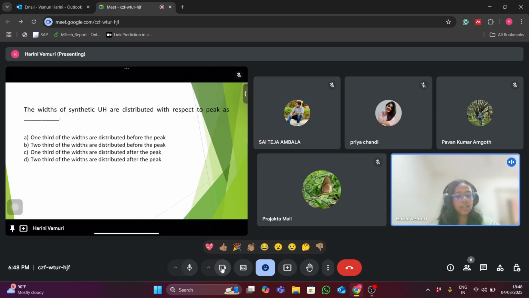The width of a synthetic unit hydrograph is distributed with respect to peak as: first option, one third of the widths are distributed before the peak. Second option, two-thirds of the widths are distributed before the peak. Third option, one third of the widths are distributed after the peak. Fourth option, two-thirds of the widths are distributed after the peak.